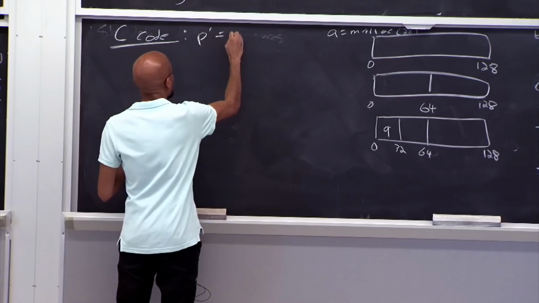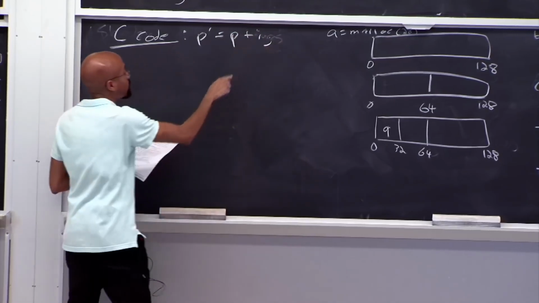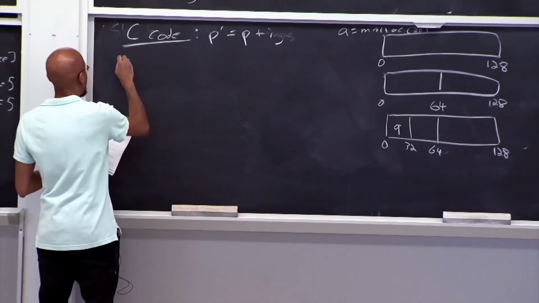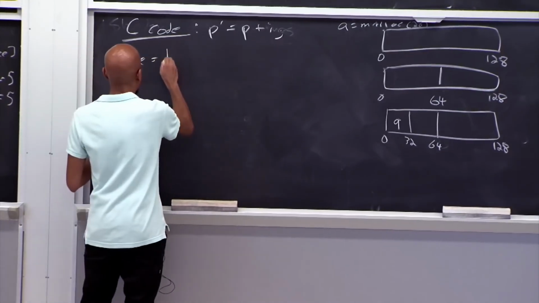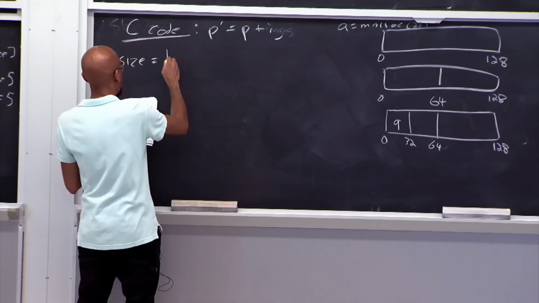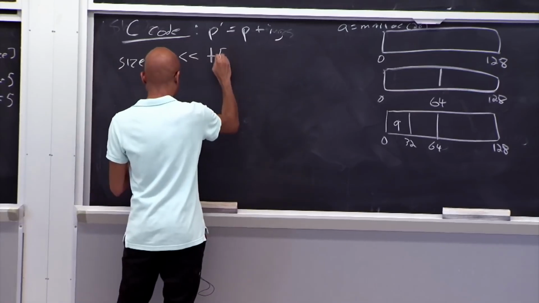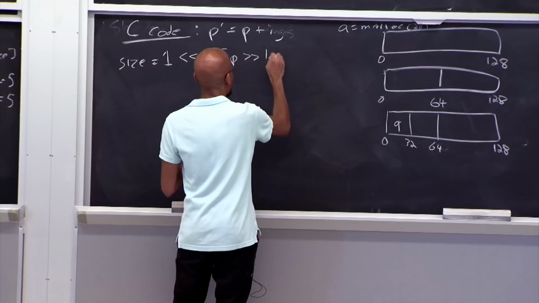So you have a pointer, P prime, you derive it from P, and then you add some variable I. So how do you get the size of the allocation belonging to P? Well, you look in the table using this lookup here.